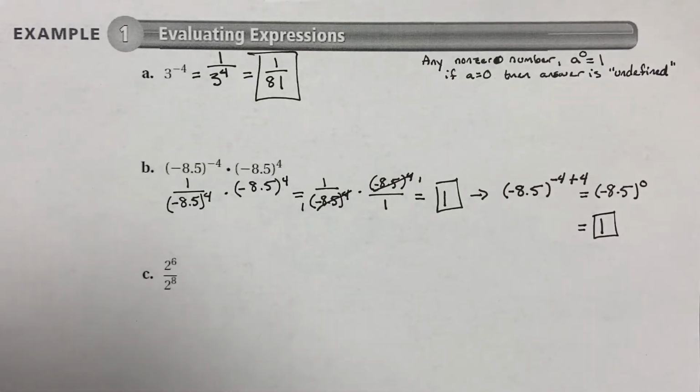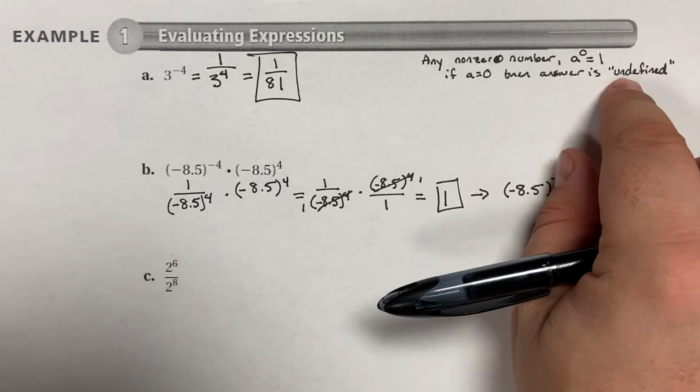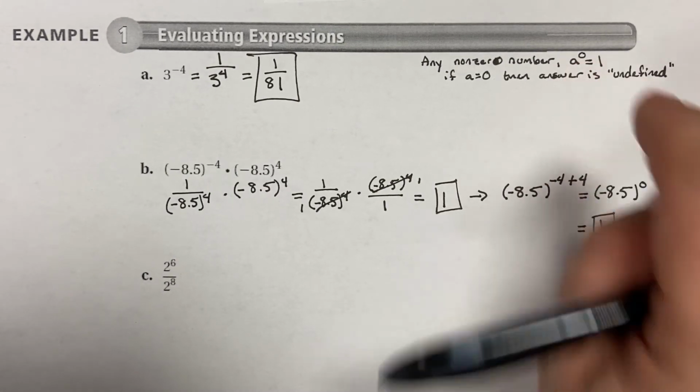You're going to hear me say this time and time again: any non-zero number to the 0 is 1, because 0 itself to the 0 is not 1. Any non-zero number means 0 cannot be the number chosen. So 0 to the 0 is undefined, anything else to the 0 is 1.